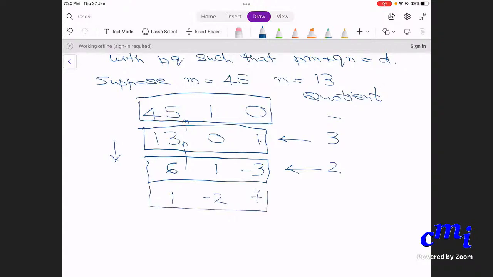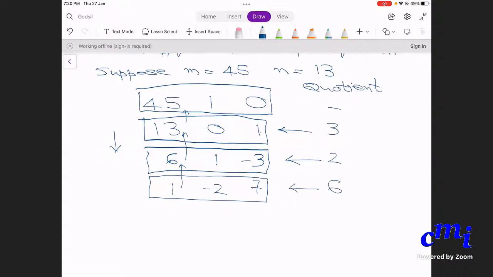We want to proceed until something happens, and it's going to happen at the next stage. This time the quotient is 6: we divide 6 by 1 and write down the quotient. There's no remainder, it doesn't matter. This last column is just the quotient column.